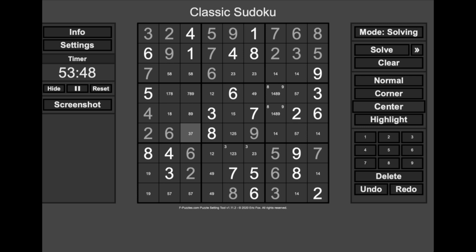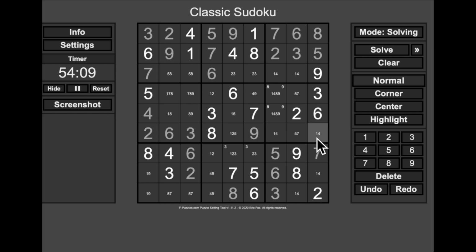Let's see. 2, 4, 5, 6 says 1, 3, 7, 8, 9. In fact, yep, the 3 can be placed because of these 3s. It must go here. Let's see.